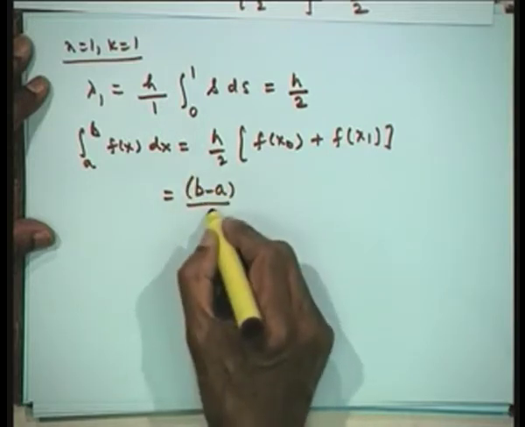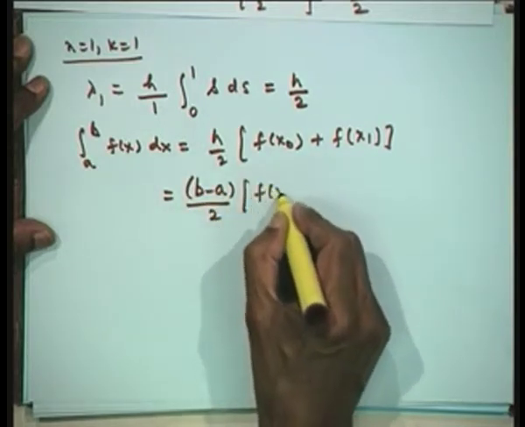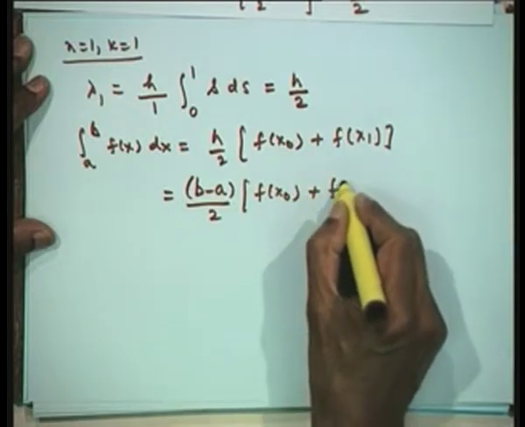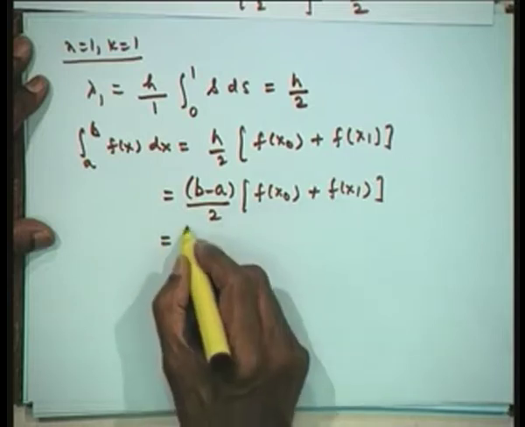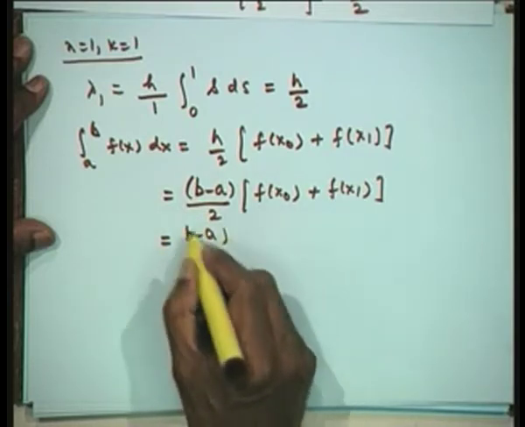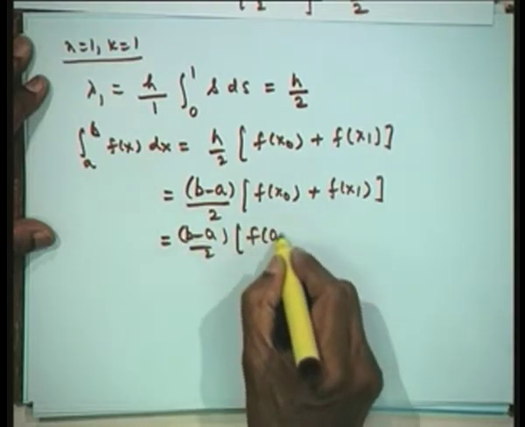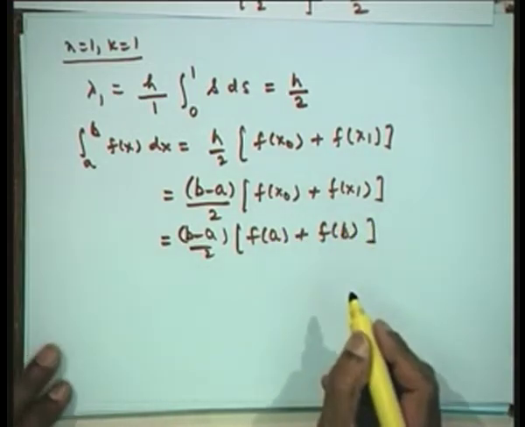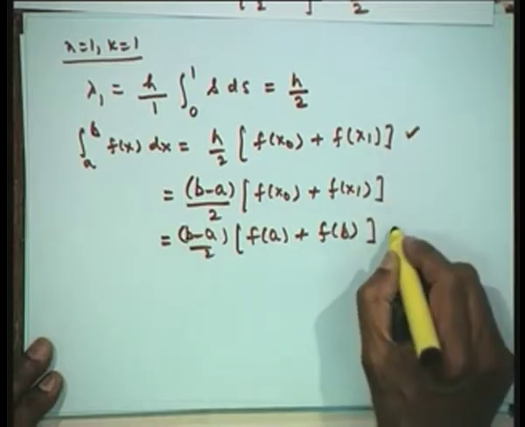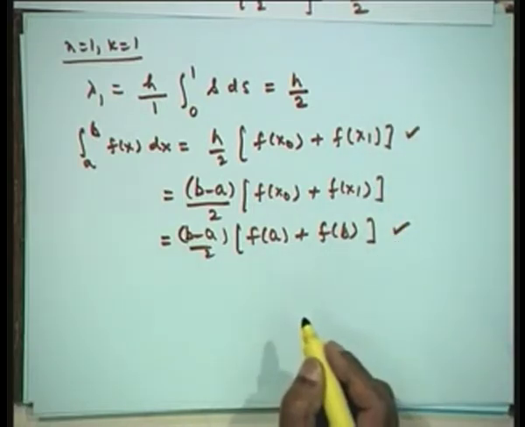So, I can alternatively write this as b minus a by 2 f x naught plus f of x 1, and again b minus a by 2 f of a plus f of b. So, I can use this particular form, or I can use this particular form for computation purposes.